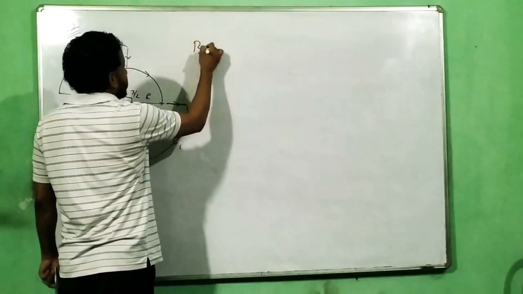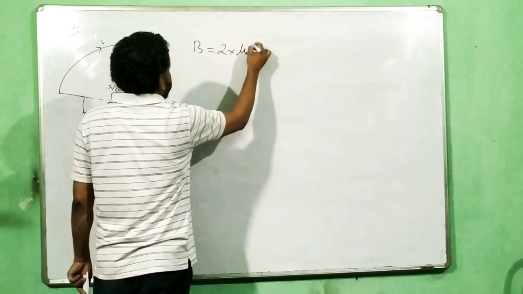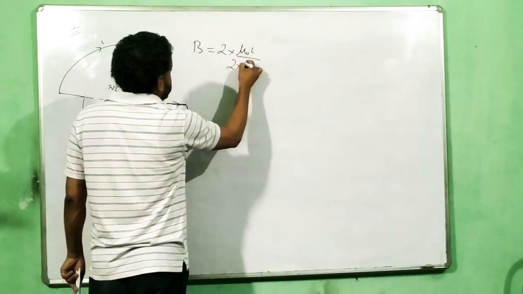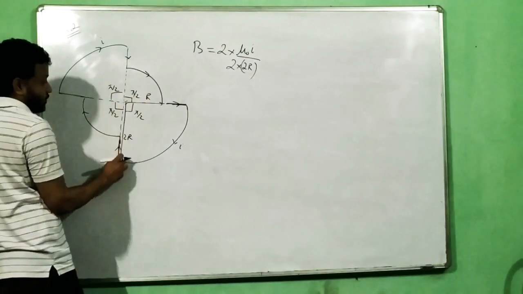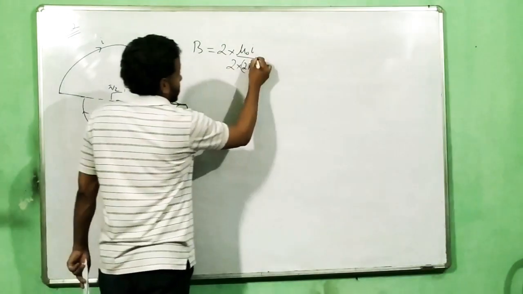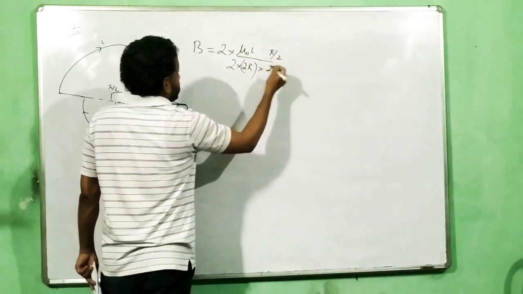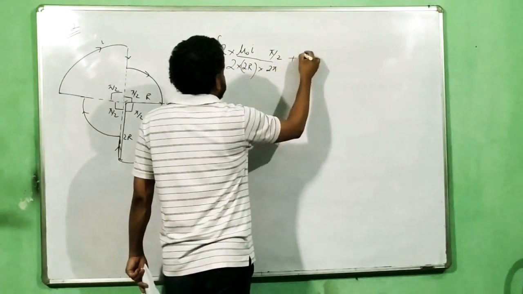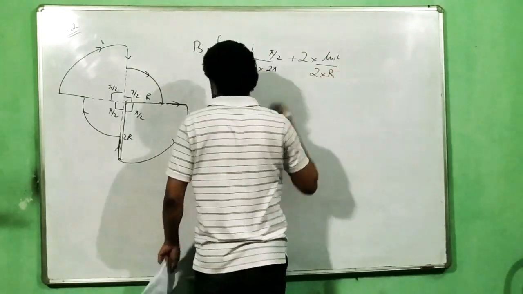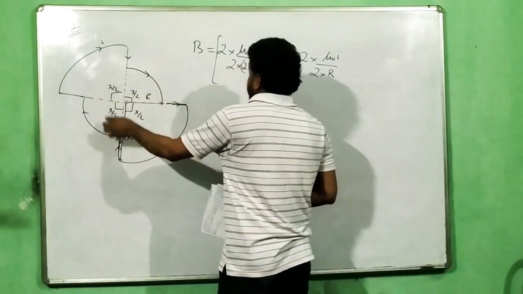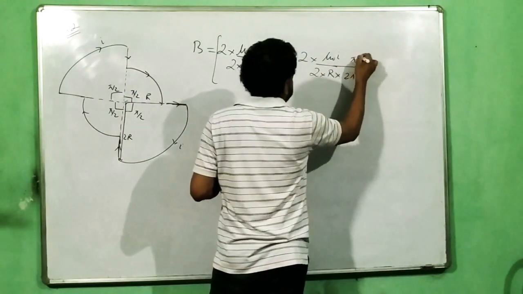So net field will be equal to 2 times mu naught I divided by 2 into 2r, the radius here, this one has a radius of 2r and there are 2 in numbers, multiplied by 2 pi, and this angle is pi by 2, plus 2 times mu naught I divided by 2 into r, single r, multiplied by 2 pi into pi by 2.